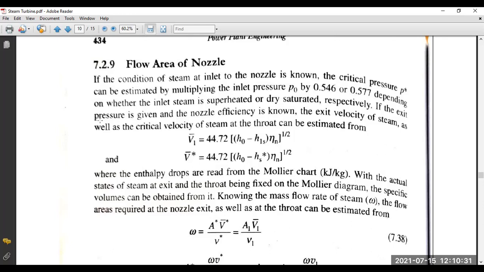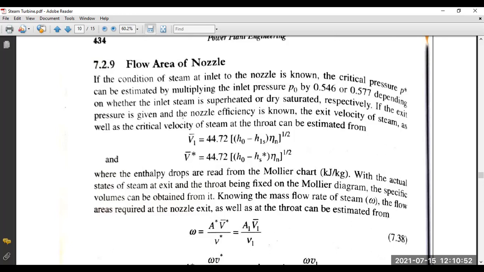Now, the critical pressure can be estimated by multiplying the inlet pressure P0 by 0.546 or 0.577, depending on whether the inlet steam is superheated or dry saturated, respectively.